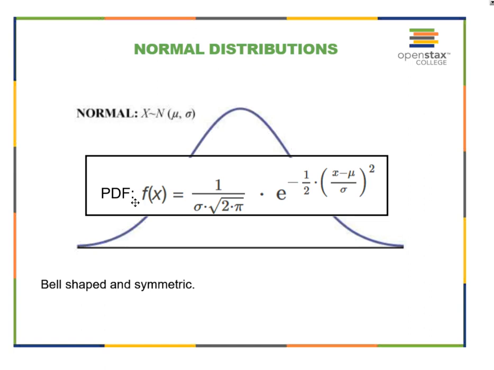And we can model this using the probability density function, f of x. Now, f of x would represent your height or your y values, your vertical location, when you plug in certain x values.